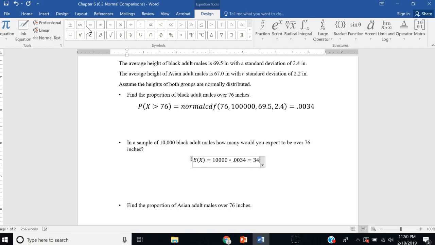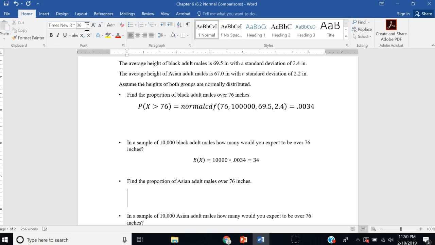And the reason I chose 10,000 is because when we multiply that, we move the decimal place over 4 spots. And so basically we'd see that in a group of 10,000 black adult males, about 34 of them we would expect to be over 76 inches tall. So I would consider that extremely tall.